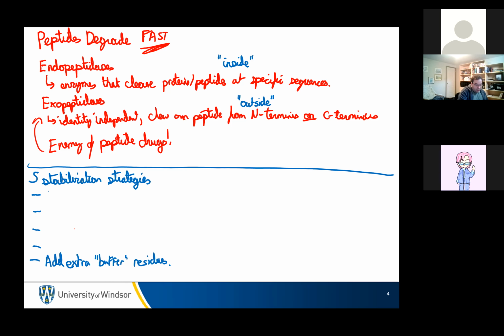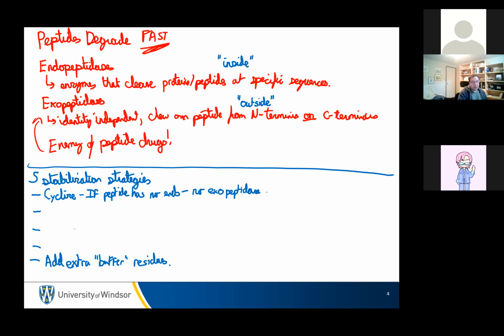So the first one I'm going to put down here is just cyclize the peptide. If the peptide has no ends, because it's a circle, no exopeptidase sensitivity.